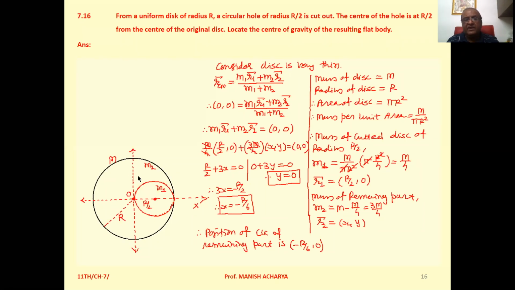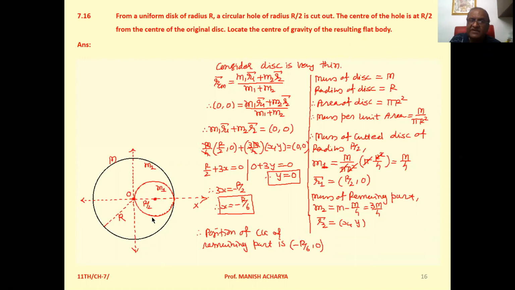Now consider the center of mass of the original disk, that is at the origin of the coordinate system xy. Now the center of the small disk having radius R by 2 is at a distance R by 2 on the x-axis.